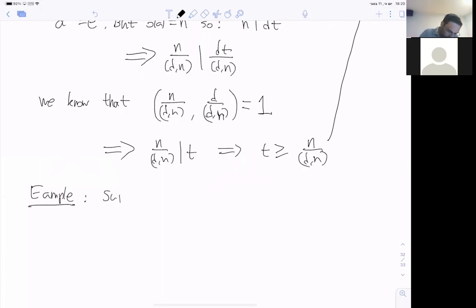Suppose G is being generated by A, and G is finite.